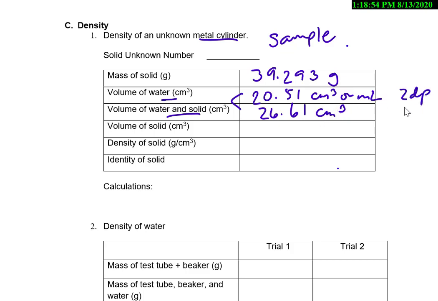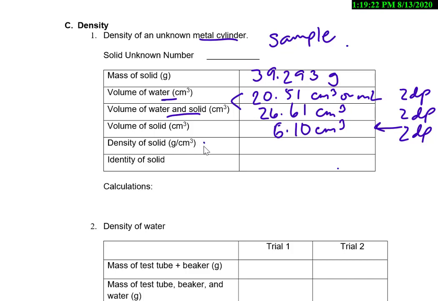This has 2 decimal places. This has 2 decimal places, which means this calculation needs to have 2 decimal places. So this would be 6.10. And it's really important that we keep that 0 because that gives this value 3 significant figures rather than 2 if I had left it off.